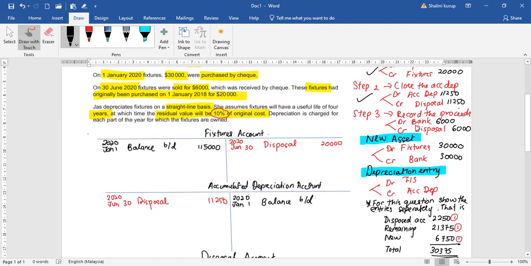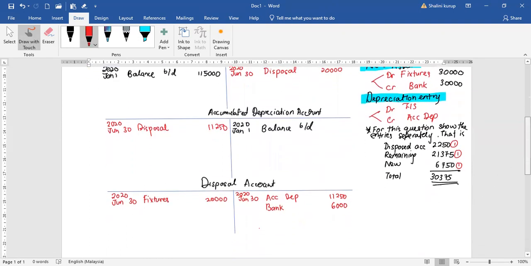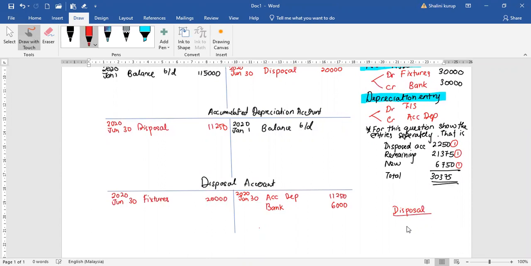As usual, I told you anything to do with bank we are not going to open because the question did not ask for a bank account. But on the credit side of the disposal, you have to write bank. So bank will be here and the amount is 6,000. Now, as I've already told you, all we need to know is, once you're done with the entry in the disposal account, if the debit side is greater than the credit side, this is obviously a loss.